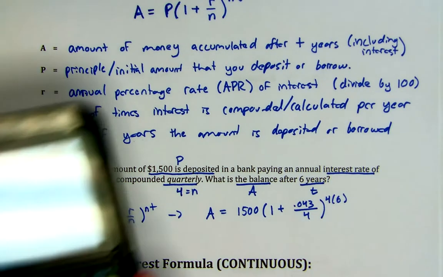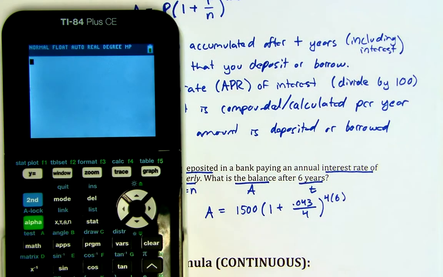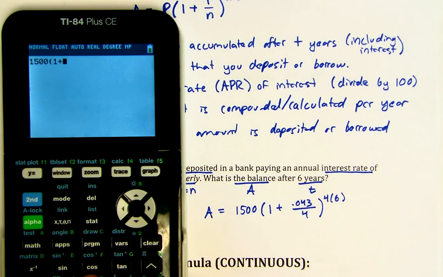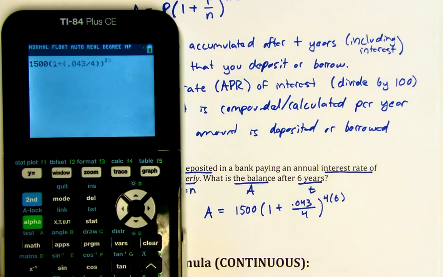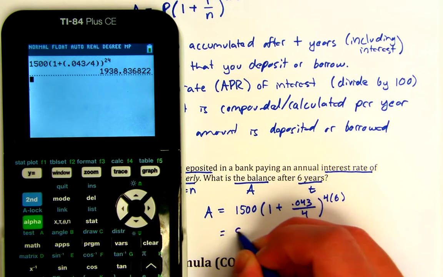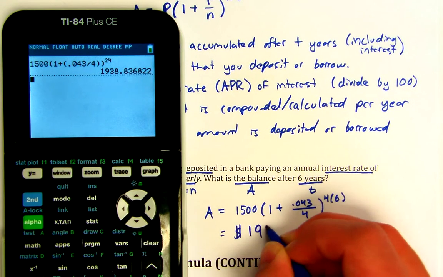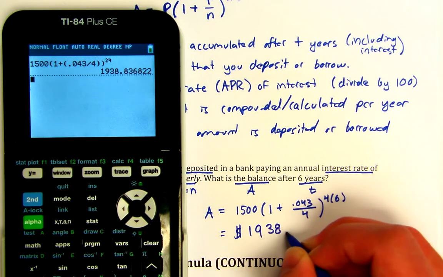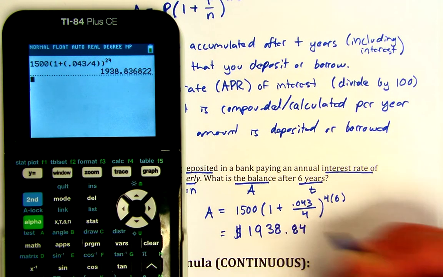Enter in 1,500 times 1 plus 0.043 divided by 4, raised to the 24th power, or 4 times 6, whichever you choose to do. And I get an amount of $1,938.84.